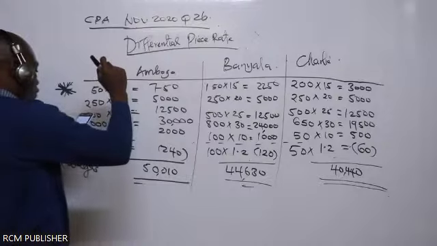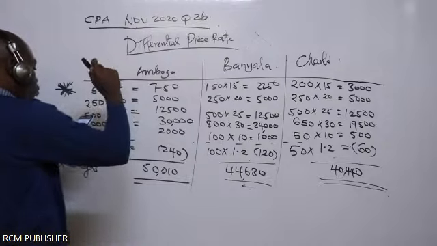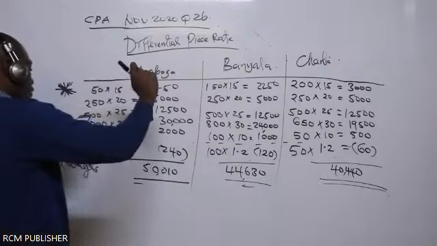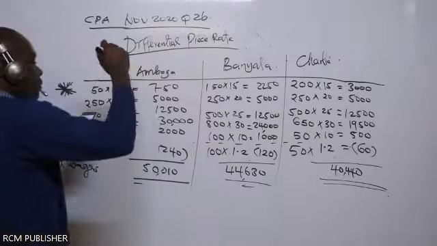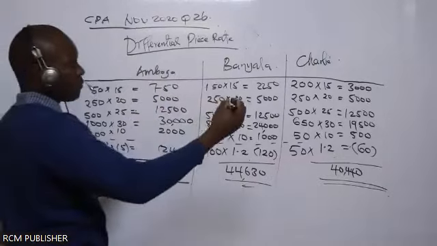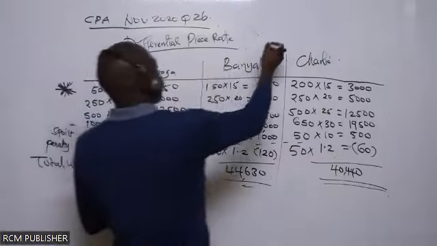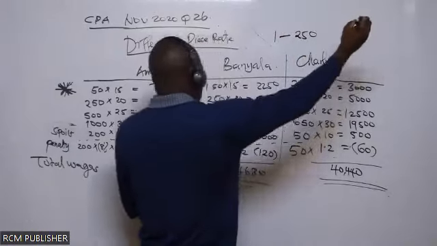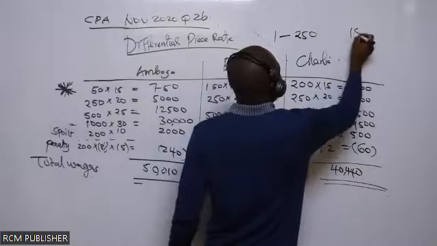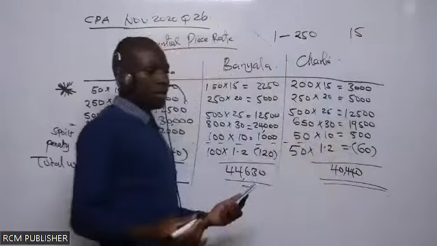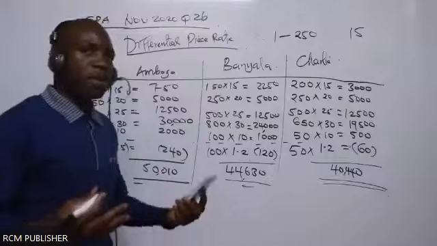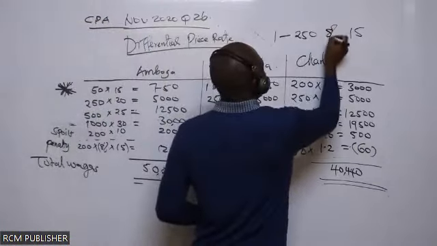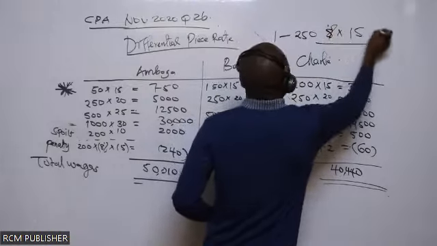We have number of units where we have 1 to 250, 251 to 500, 501 to 1,000. Then rate of wages per unit. So in that column, the first production occurs at 1 to 250. What is the rate? I believe the rate is 15 shillings. So you are being told that the penalty that they are going to pay per spoiled unit is going to be 8% of the rate in the first bar.